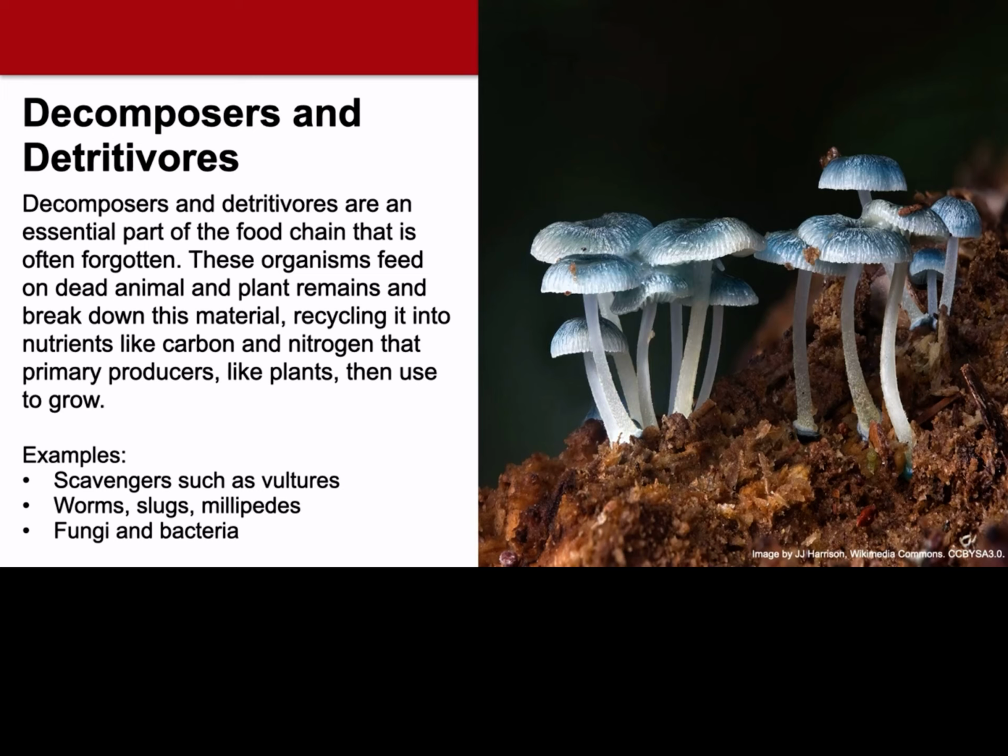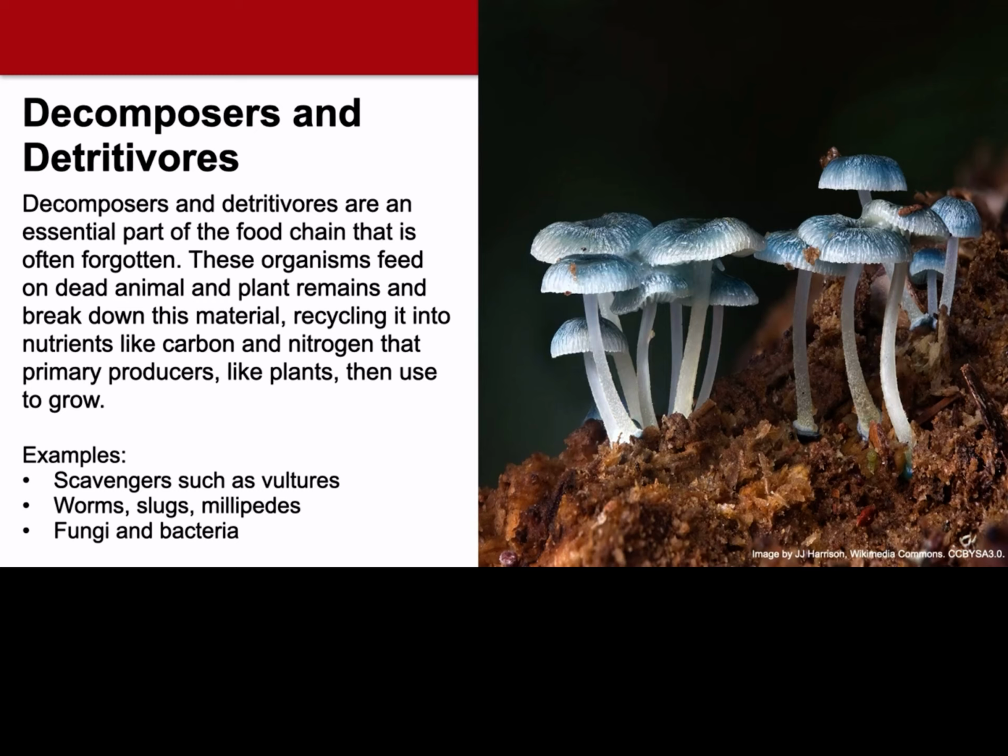Fungi and bacteria are a common example of decomposers and are an essential part of the trophic pyramid. The detritivores work in a similar way to decomposers, although they ingest and digest dead material internally.